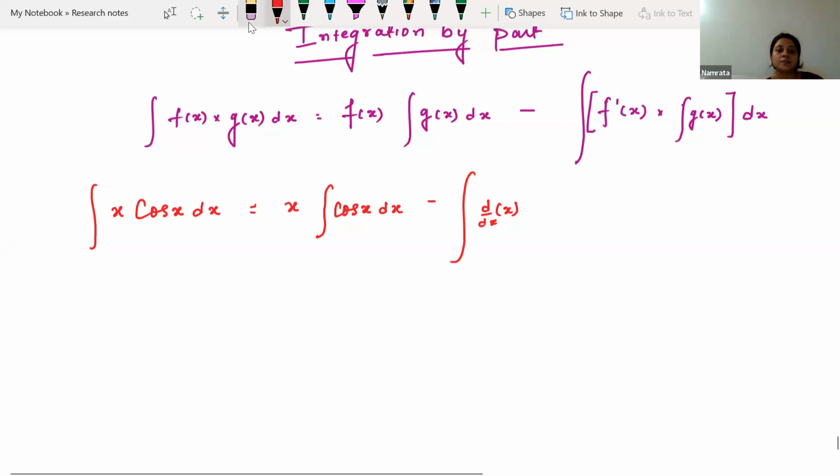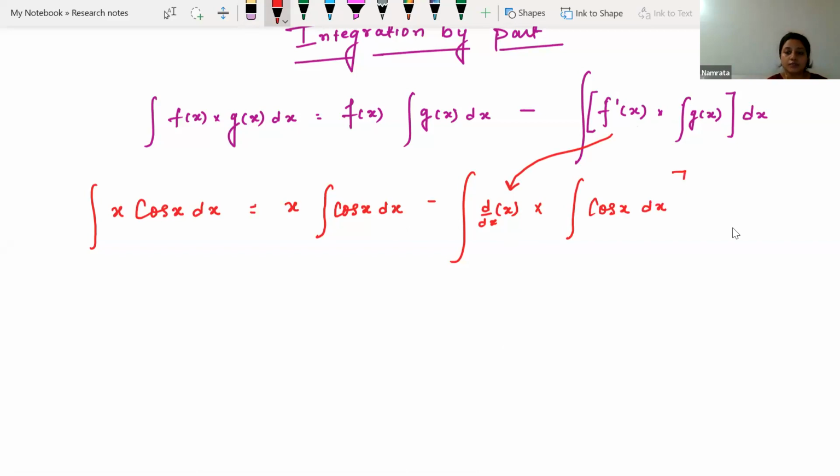Anyone? 1. So we are taking derivative of the first function, f dash x, here it is written. So f dash x is just the derivative, into, again, integration of the second function dx, and whatever we are getting, the complete result, everything's integration. Let's do it.